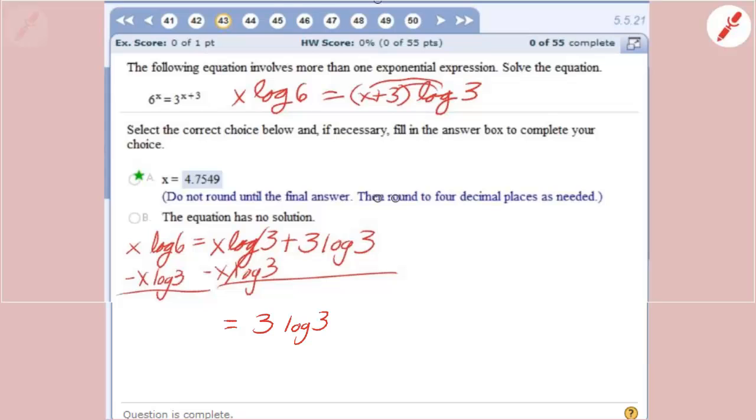On the left-hand side, we have x times log 6 minus x times log 3. Now you can see that x is a common factor, and we can factor it out. X times log 6 minus log 3 equals 3 times log 3.